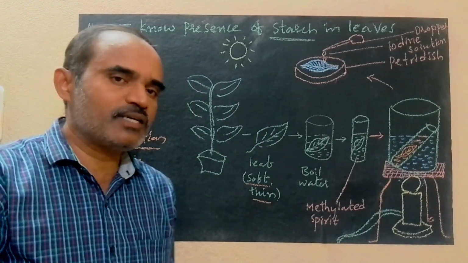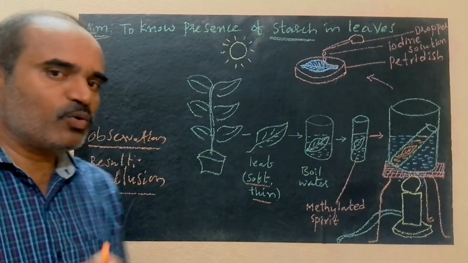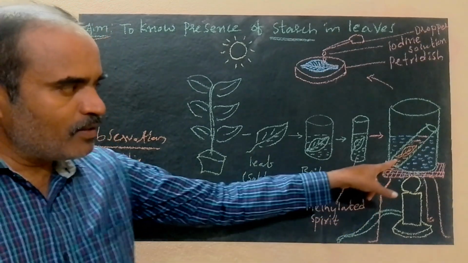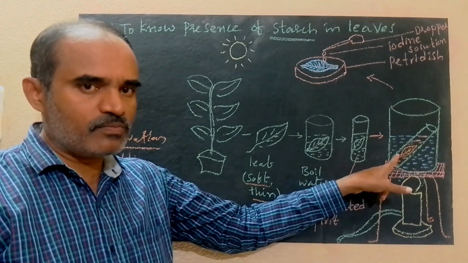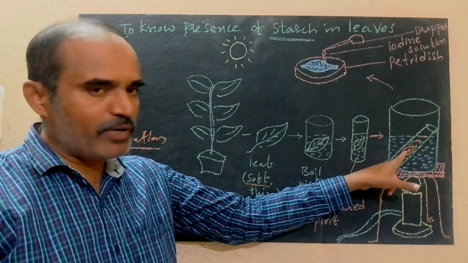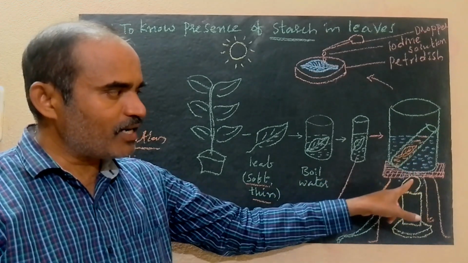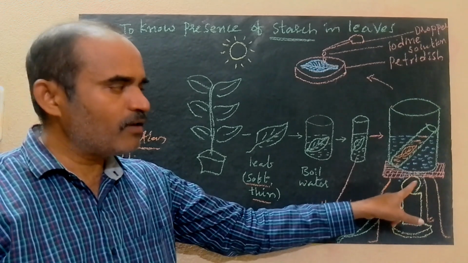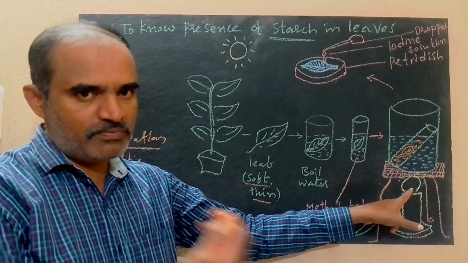And what is the precaution while doing this activity? The boiling tube containing methylated spirit should not be placed directly on the flame. It may catch fire.